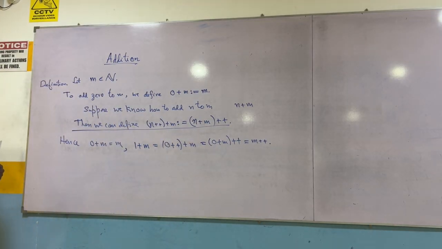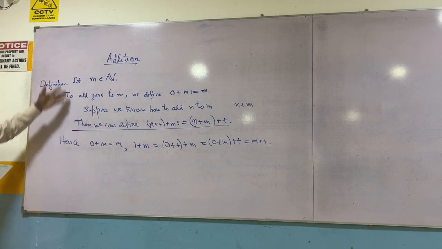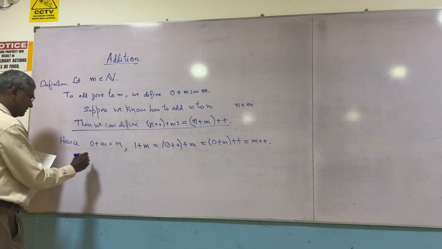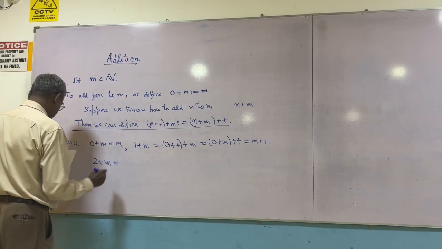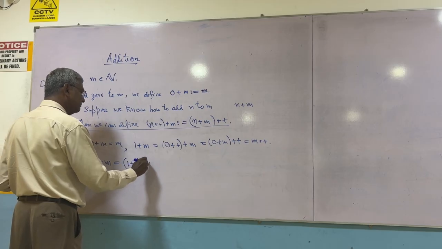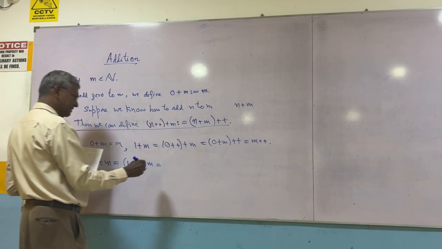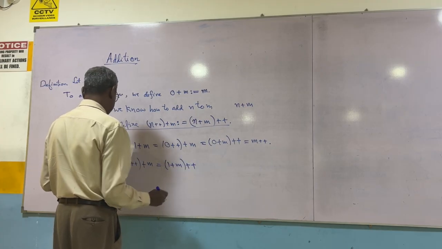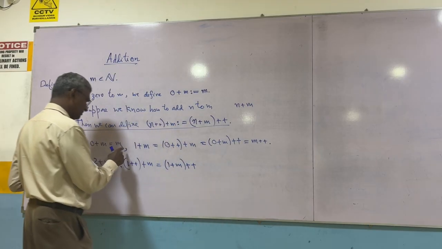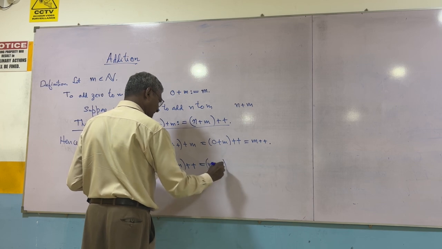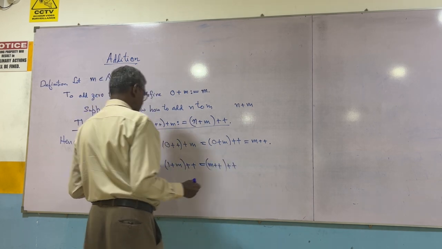The only thing you can assume about natural numbers is that 0 is there, the increment operation is there, and the 5 axioms are there, nothing else. 2 plus M: 2 is 1 plus plus, so by definition it is (1 plus M) plus plus. And 1 plus M is M plus plus, then plus plus, and so forth.